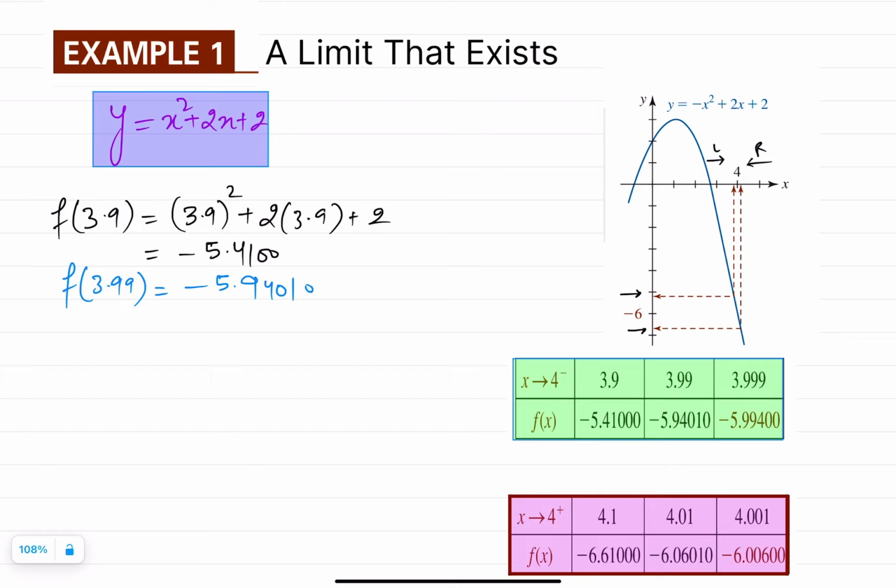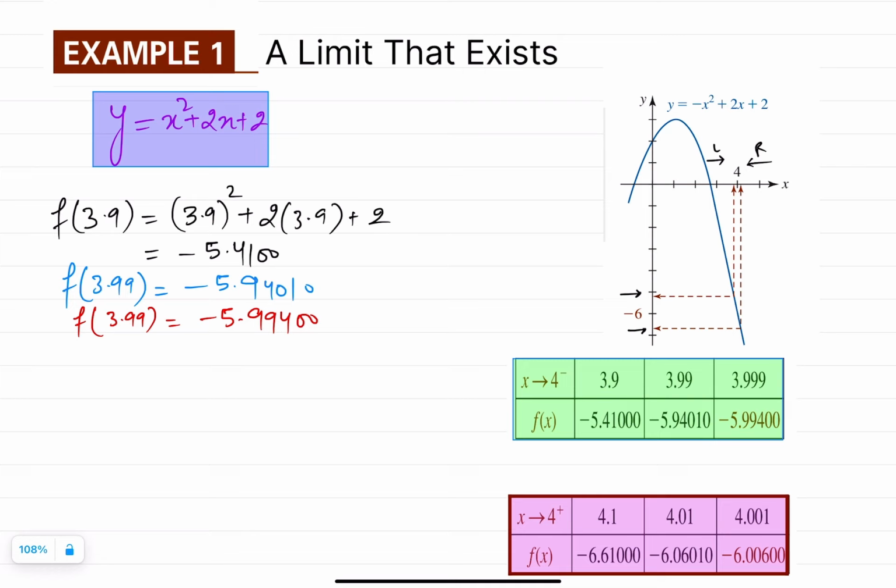Approaching even closer to 4 from the left hand side, on putting x as 3.999, the function generates a value equal to -5.99400.